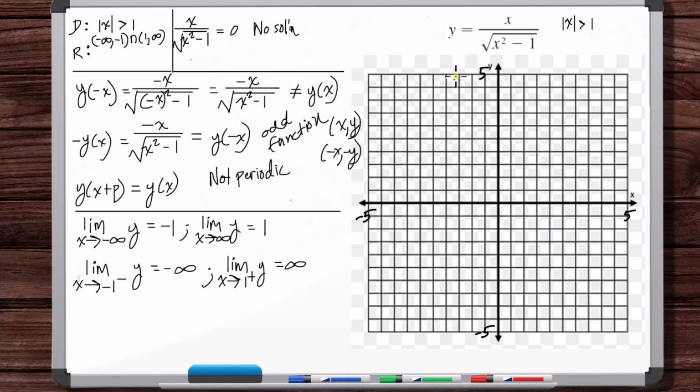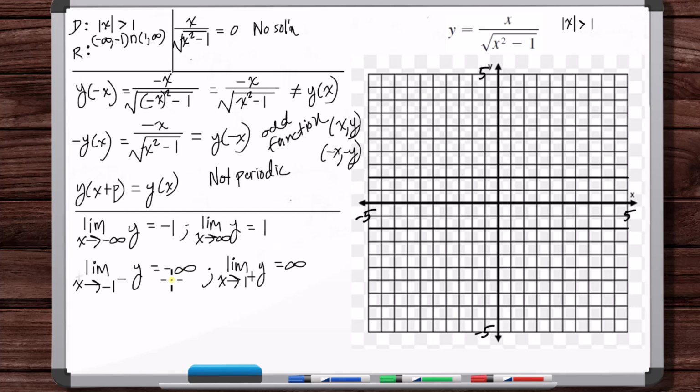Okay, so now we can draw in these asymptotes. So y is equal to minus 1 is going to be an asymptote. And then y is equal to plus 1 is going to be an asymptote. Can't really see that. So there we go.